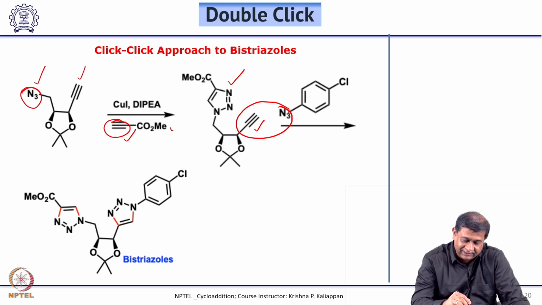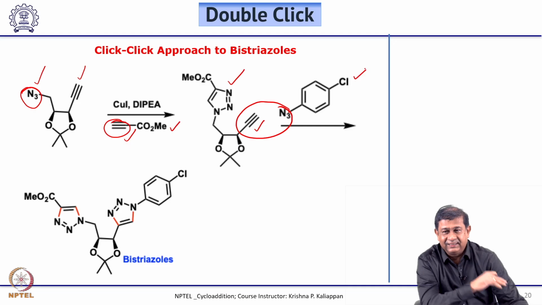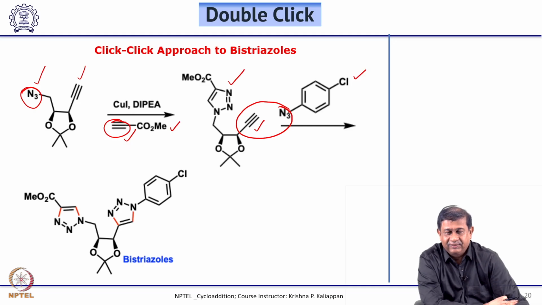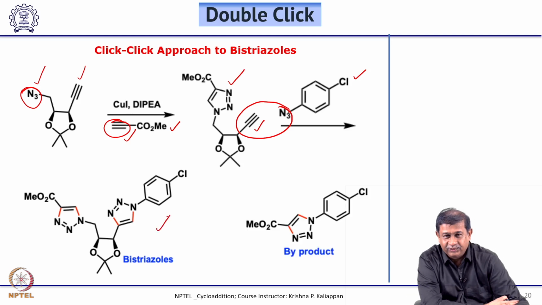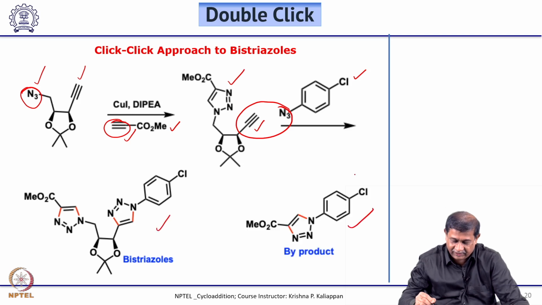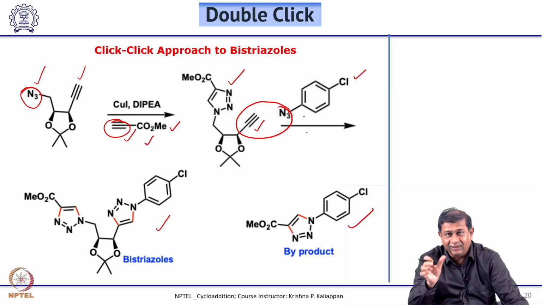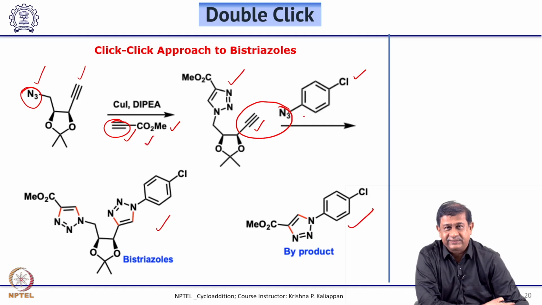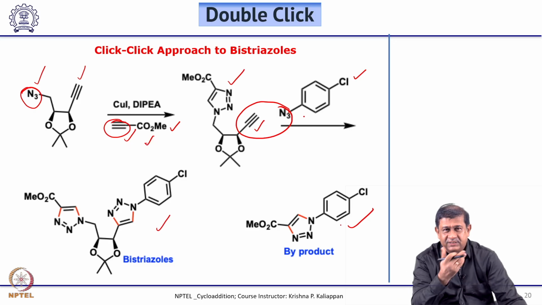Since you take this methyl propiolate and this parachlorophenyl azide a little excess, what will happen always at the end of this reaction, in addition to this bis triazole, you will get this as the minor product, because this azide and this triple bond will also undergo 1,3-dipolar cycloaddition, that is click chemistry, to get this minor product, but both are separable.